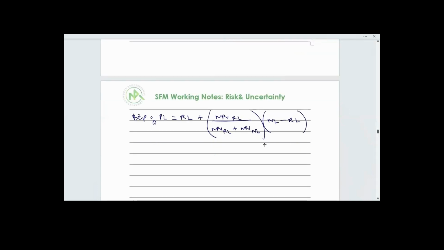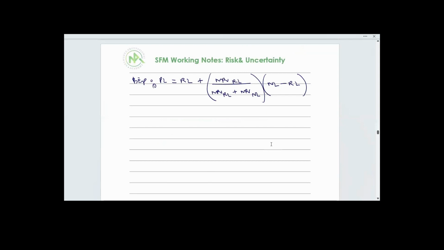The reduced life is 9 years. We have reduced from 10 years to 9 years. So NPV of the reduced life is 7, divided by 7 plus NPV of normal life, 232, multiplied by normal life of 10 minus reduced life of 9.